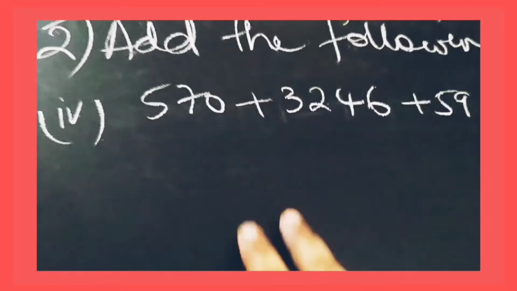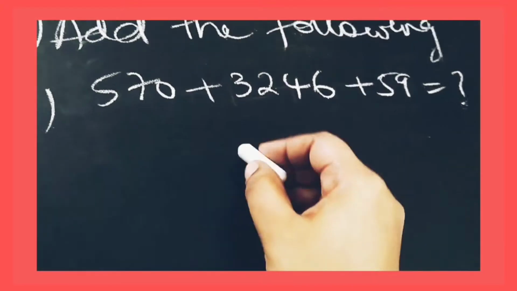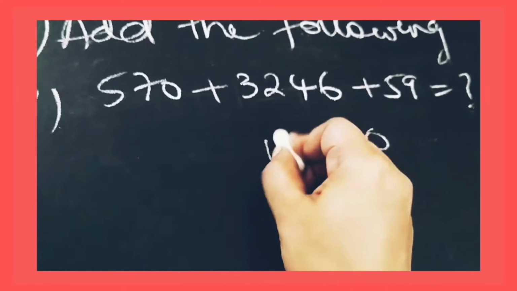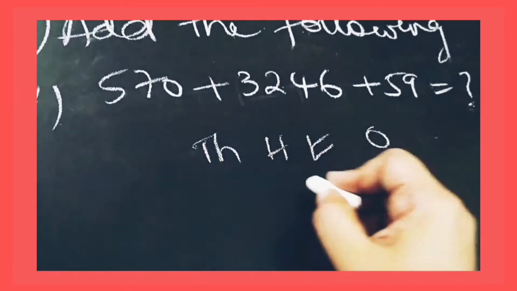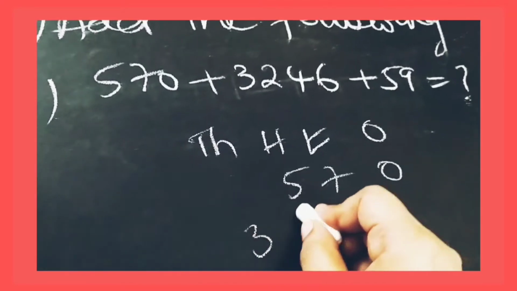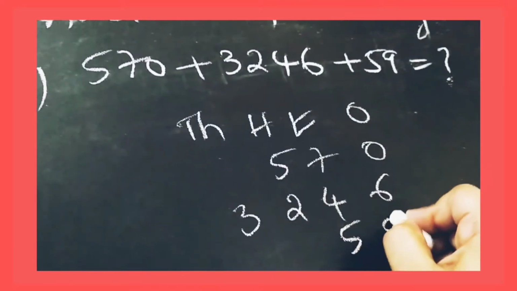Fourth one is 570 plus 3246 plus 59. Okay. So again 1000 is the bigger number here. Ones, tens, 100, 1000. 570. Then 3246. Then 59.